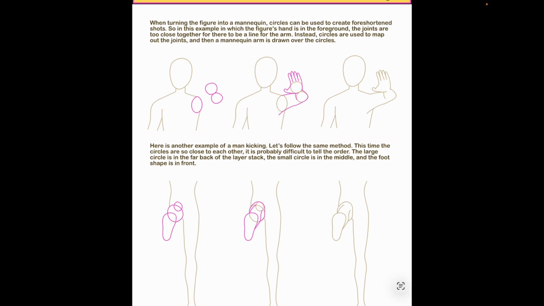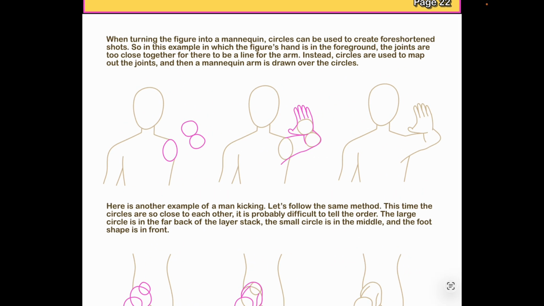Okay, this is where things get confusing. When turning the figure into a mannequin, circles can be used to create foreshortened shots. So in this example, in which the figure's hand is in the foreground, the joints are too close together for there to be a line for the arm. Instead, circles are used to map out the joints, and then a mannequin arm is drawn over the circles.